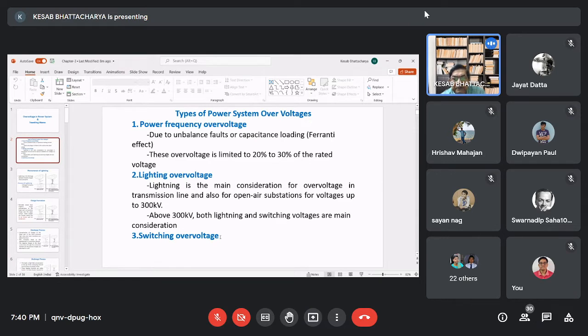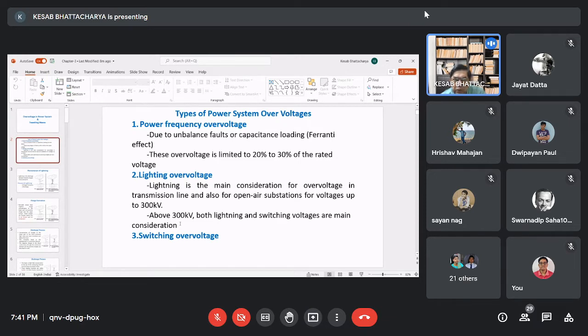It has been found that for systems lying within 300 kV operating voltage level, the peak value of any switching overvoltage developed is less than the lightning overvoltage that may develop in that system.